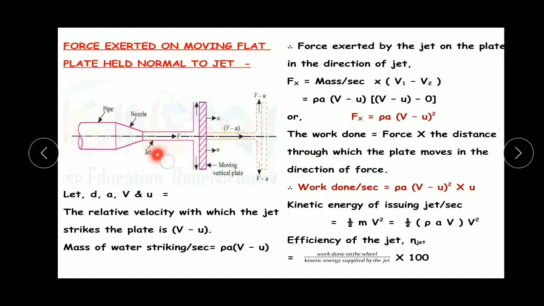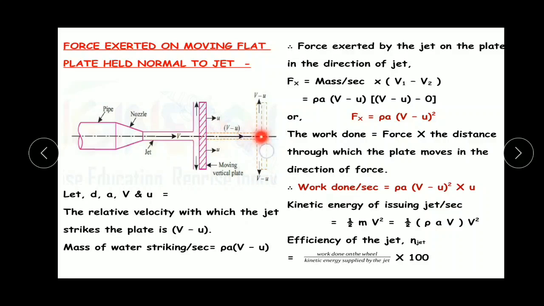d is the diameter of the jet and A is the cross-sectional area of the jet, which is equal to pi by 4 into d squared. After striking, some of the fluid goes in this direction and some in the upward direction with a velocity of V minus u.